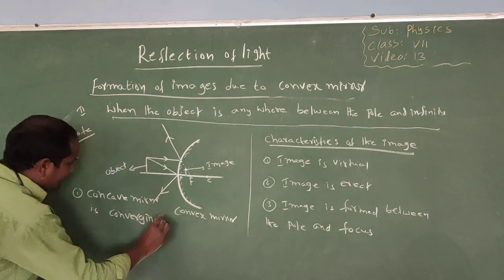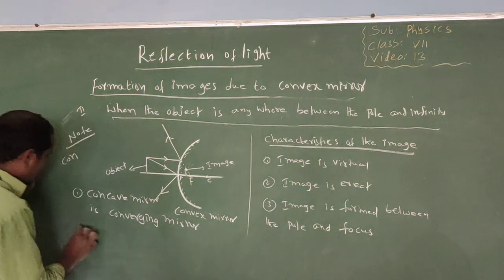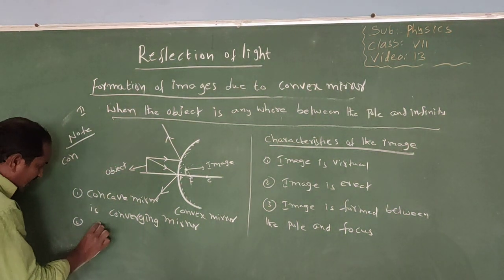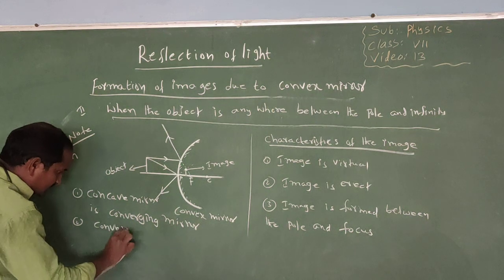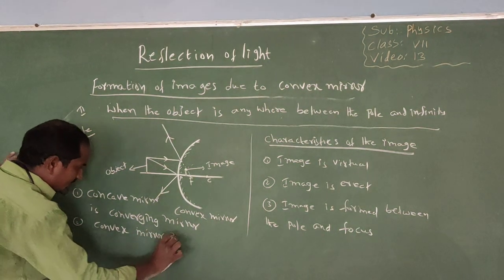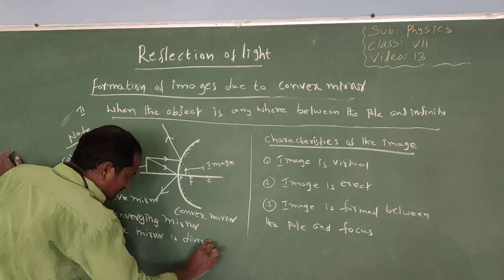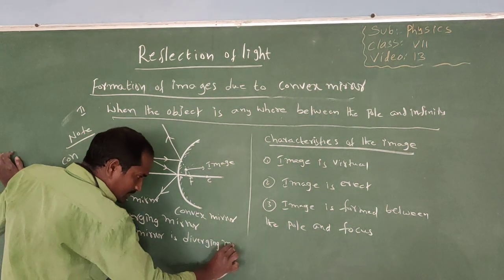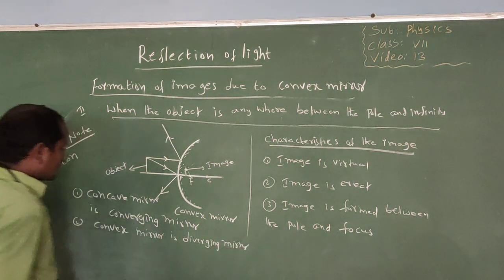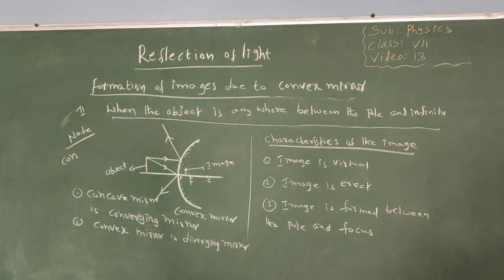Next, convex mirror is a diverging mirror. Concave mirror is a converging mirror and convex mirror is a diverging mirror. It is a note point.